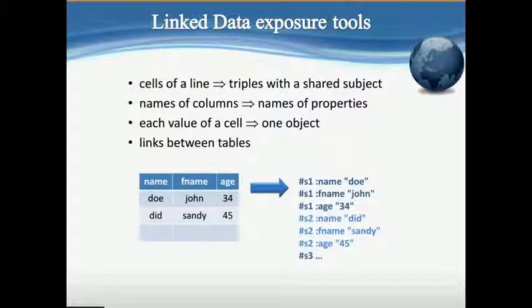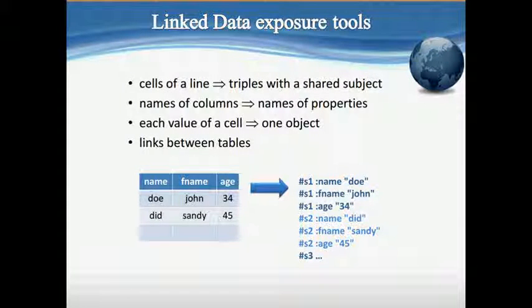There are also some linked data exposure tools that you can use for exposing your data as linked data. For example, if your data exists in some relational tables, you can define some rules to map or expose your data in triples and linked data format.